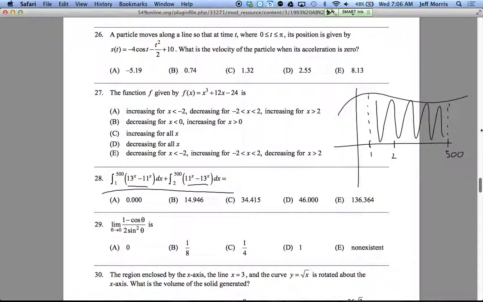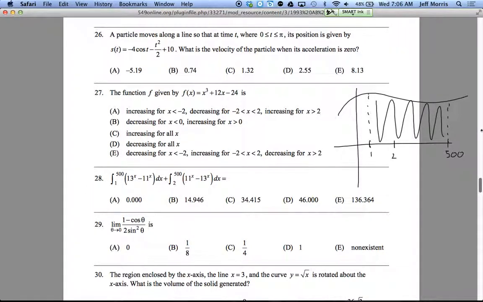First of all, you're adding two integrals, which we know we're allowed to do. But what would happen if I change this function so that it looks exactly like this? Well, all I have to do is realize that they only differ by a negative. Okay? This function and this function only differ by a negative. So what I would do is factor a negative out of that.